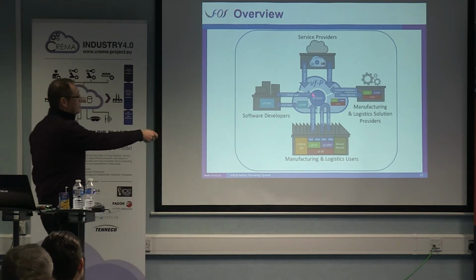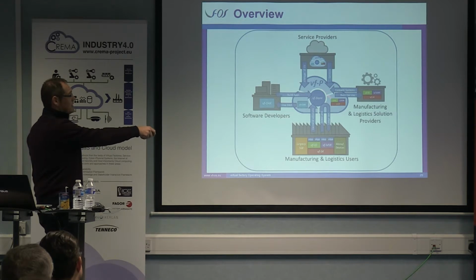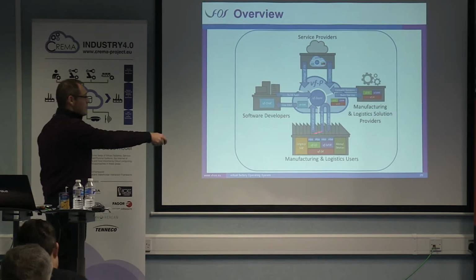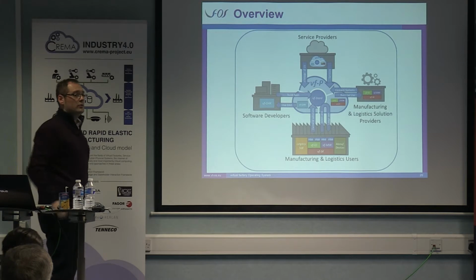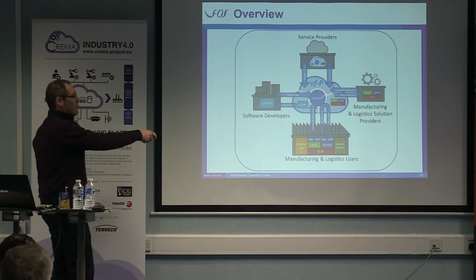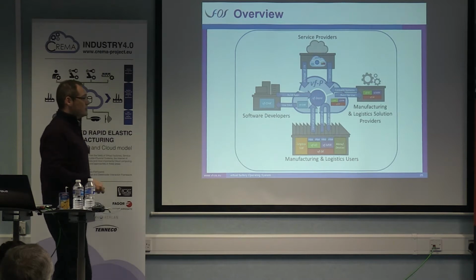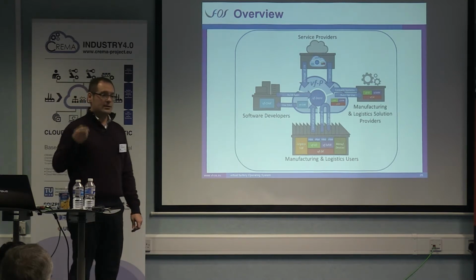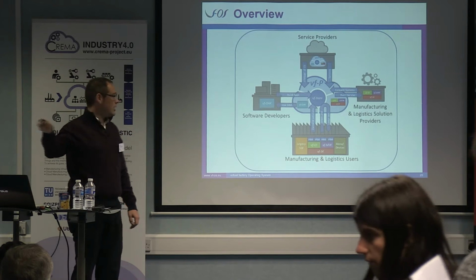We have the BFOS platform right in the middle, which connects with the four different kinds of stakeholders that we have. In the middle of the platform, we have the BFOS store, which acts like iTunes for iOS.